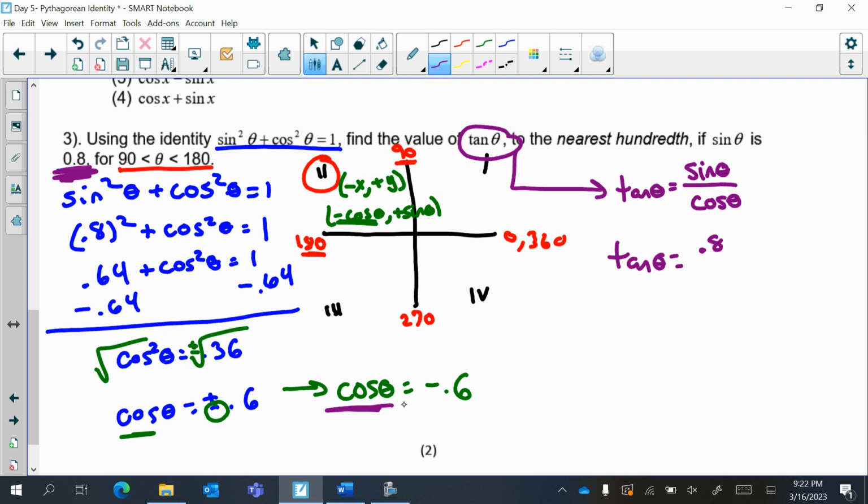Cosine was negative 0.6. That you use your calculator for. And your calculator is going to tell you that it's negative 1.3 repeating. So if you're to round to the nearest hundredth, that's 2 decimal places, you get negative 1.33.